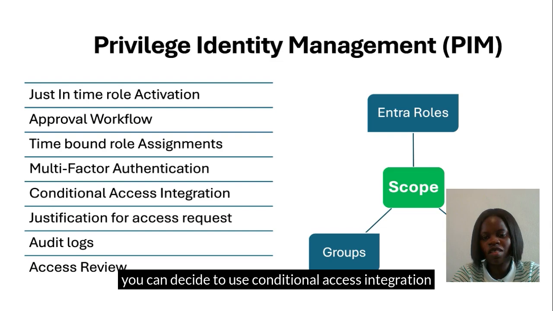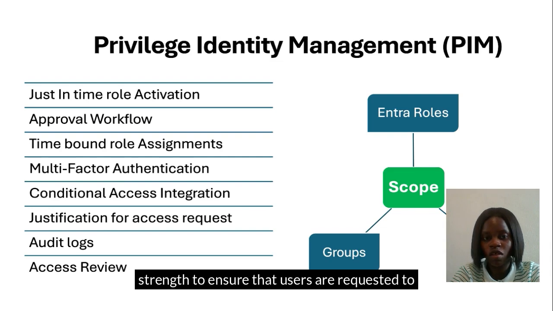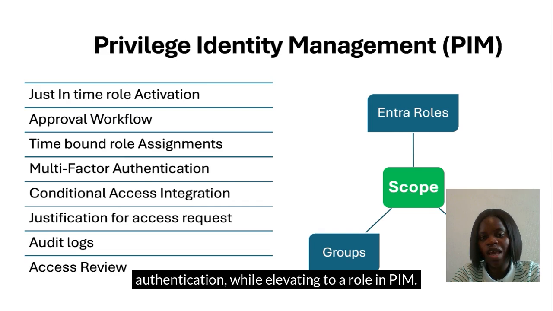So you can decide to use conditional access integrated with authentication context and authentication strength to ensure that users are requested to conduct another, higher authentication while elevating to a role in PIM.